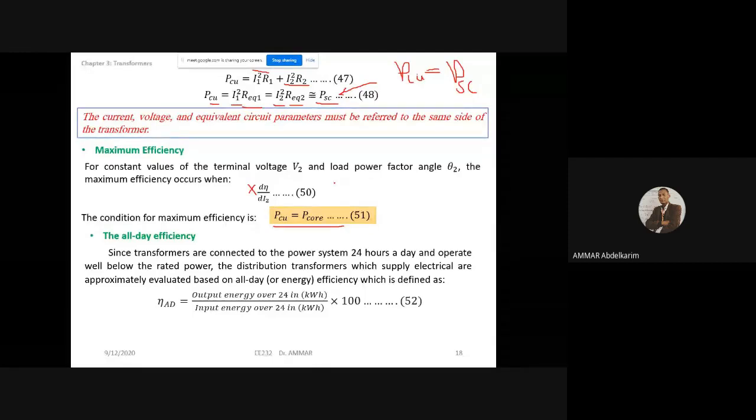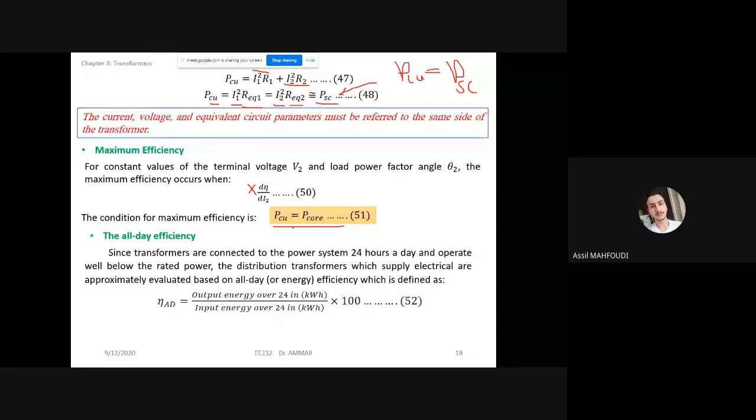But the condition of the maximum efficiency can be given even as a question: the efficiency of the transformer is maximum when the copper losses and the core losses are equal.